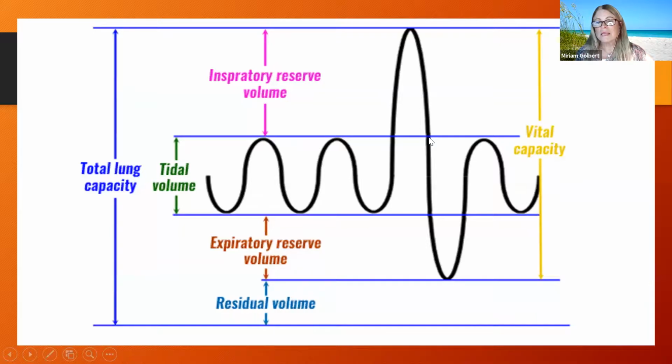When you're exhaling your tidal volume, whatever more air you can force out, that's considered your expiratory reserve volume. Now, when you add all three, your tidal volume, your inspiratory, and your expiratory reserve volumes, you add them all up, and that's what your vital capacity is. Vital means to sustain life, okay?